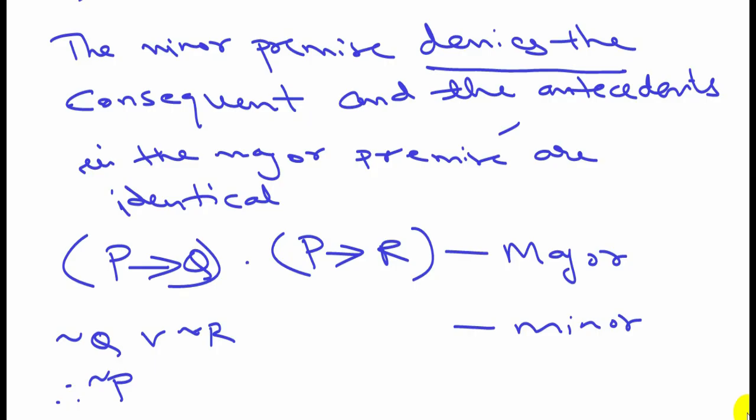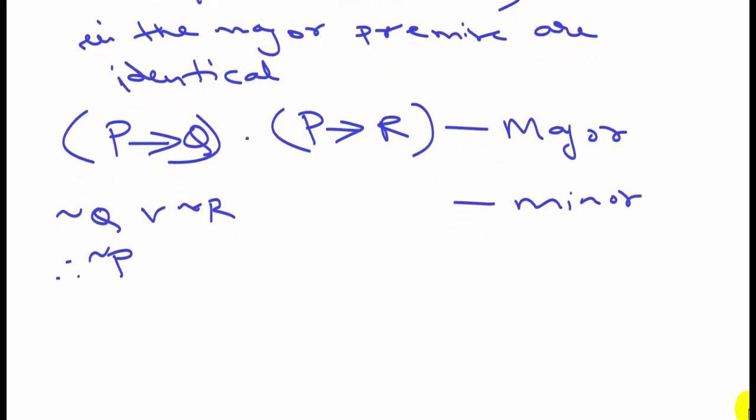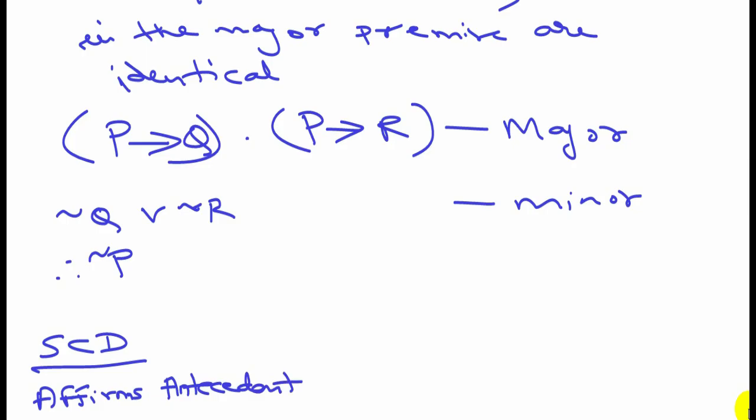This is the opposite of the simple constructive dilemma. This is the simple destructive dilemma. In the simple constructive dilemma, the minor premise affirms the antecedent.